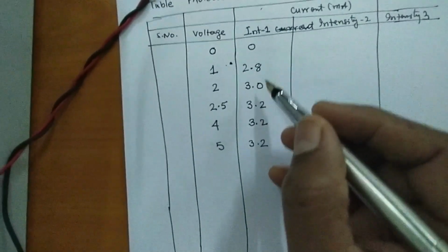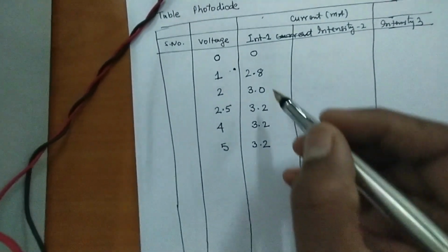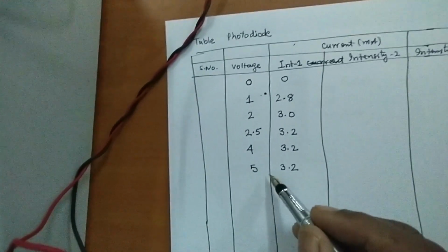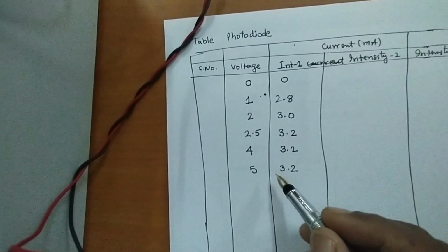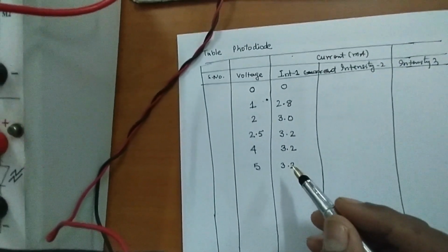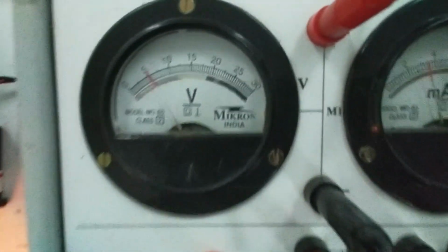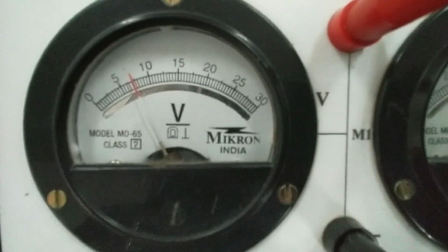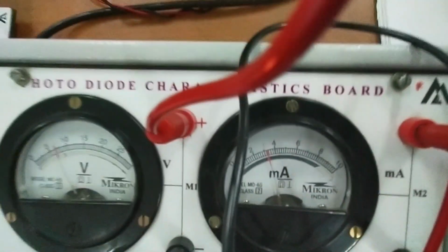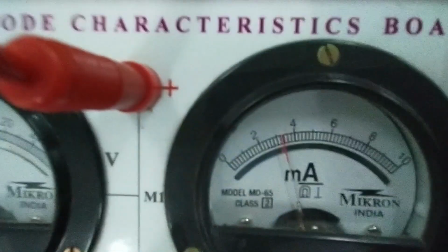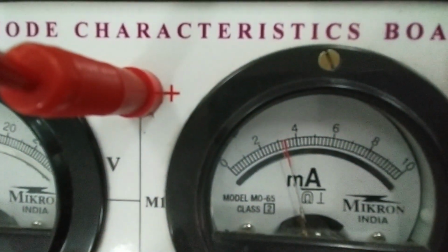Likewise, if you go on taking the readings, as we increase the voltage keeping the intensity constant, the current value slightly increases initially, then becomes constant. So I am also increasing the voltage to, suppose say, 7.5. I have increased it to 7.5. And see, there is a little increment in the current, that may be 3.4 or so.